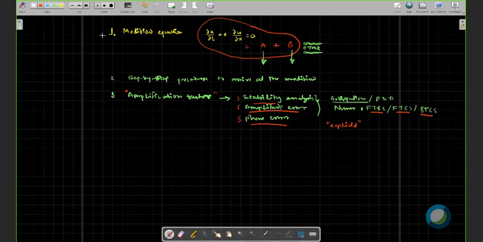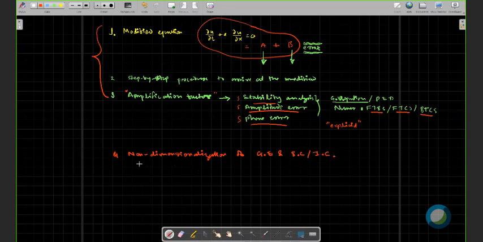Now, after discussing these basics of the analysis of any scheme, we have discussed non-dimensionalization of the governing equation and boundary conditions, also initial conditions.